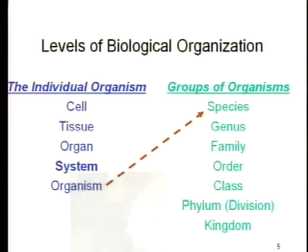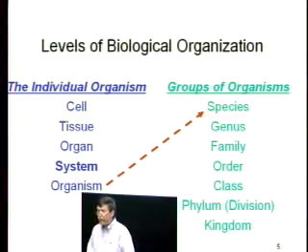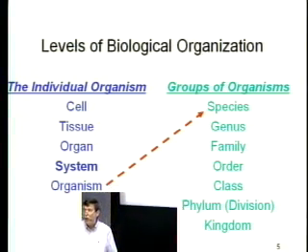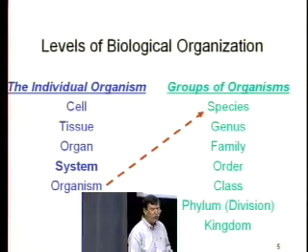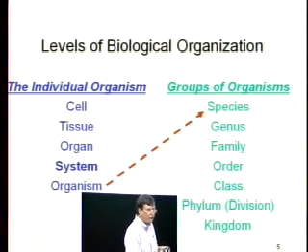Now, just to review a little bit of high school biology here, the nervous system is a biological system, a biological structure, and like all biological structures, it's organized hierarchically. At the lowest level of the organization of the nervous system, or any biological organization, is the cell, which you'll remember is defined as the smallest biological unit that can function independently.